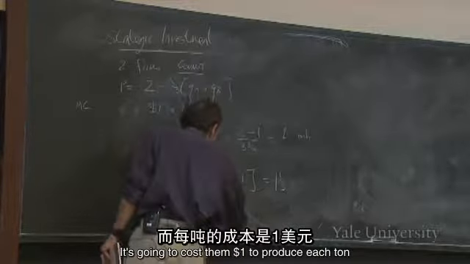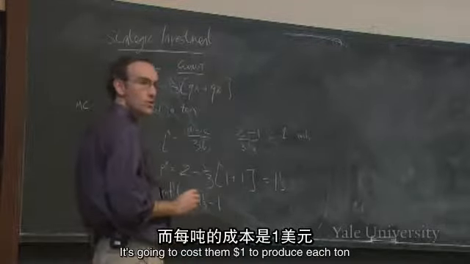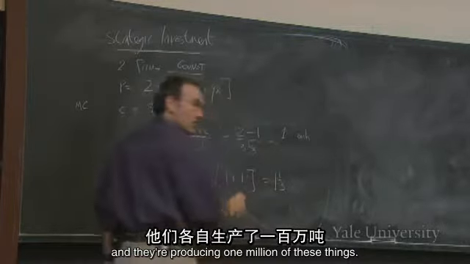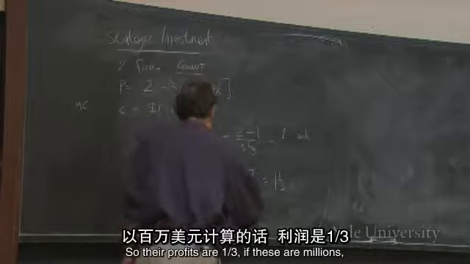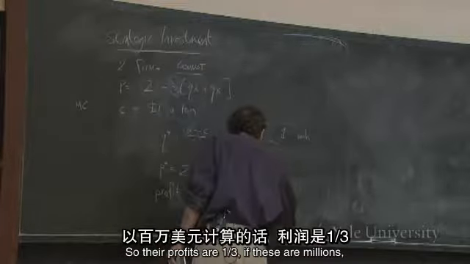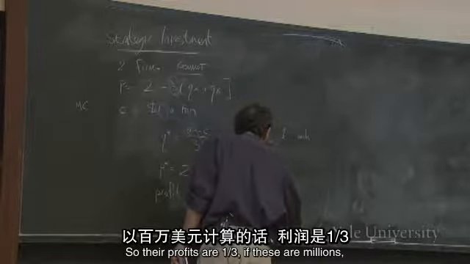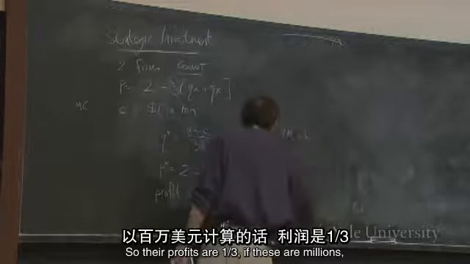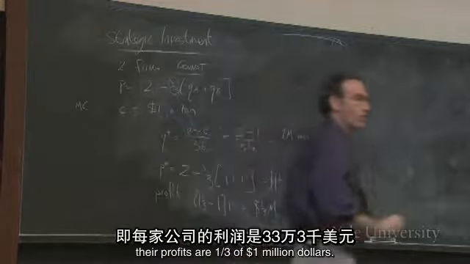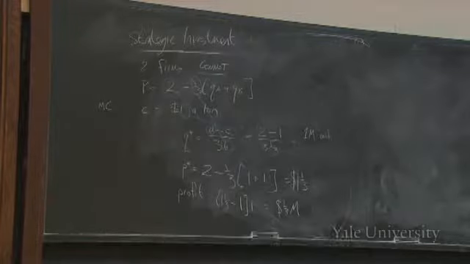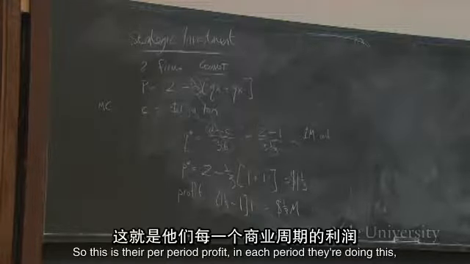It's going to cost them $1 to produce each ton, and they're producing 1 million of these. So their profits are 1/3 of $1 million.